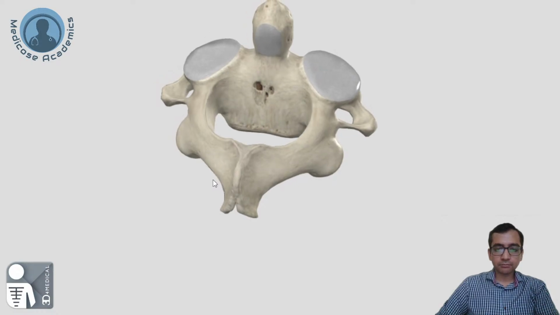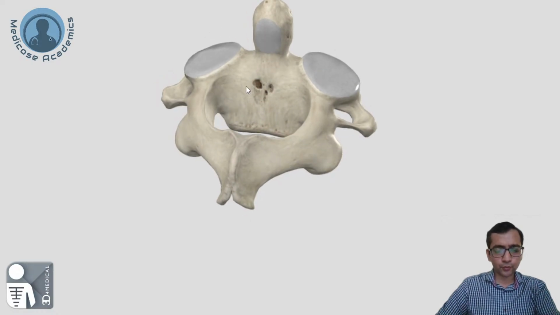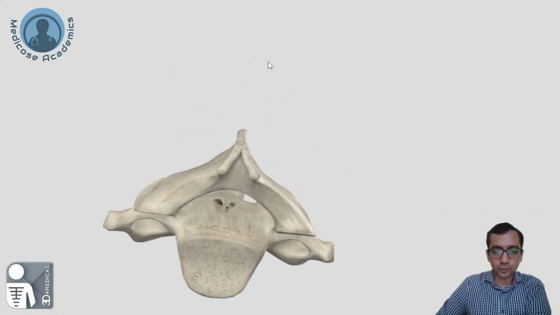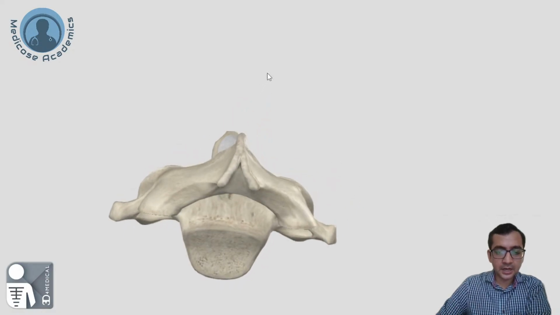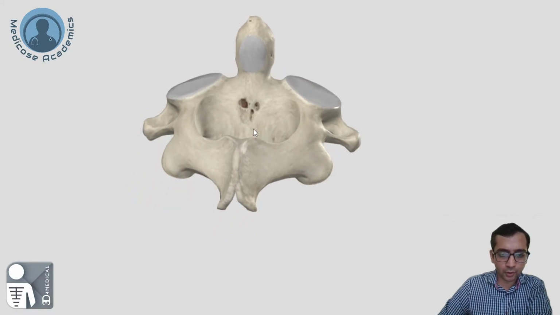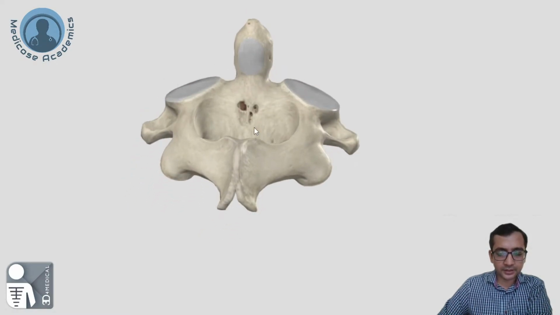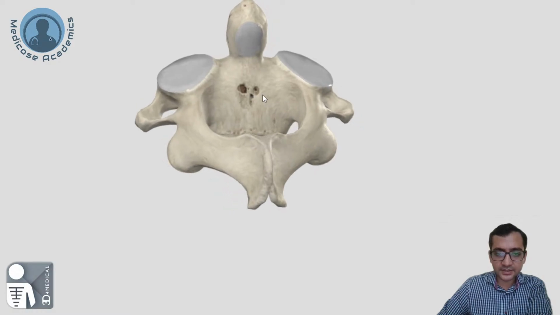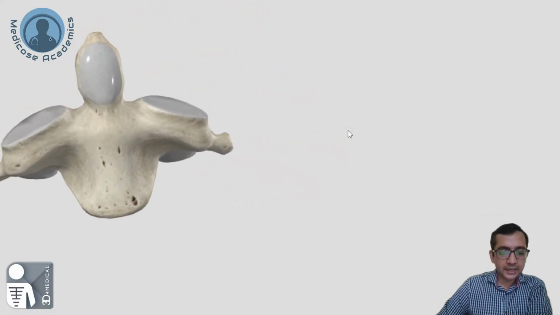Then the body has again the same features, oval. There is no upper surface. The lower surface has almost the same features: anteroposterior concavity, and the opposite one side to side. There is a posterior surface, with an opening for basivertebral veins.